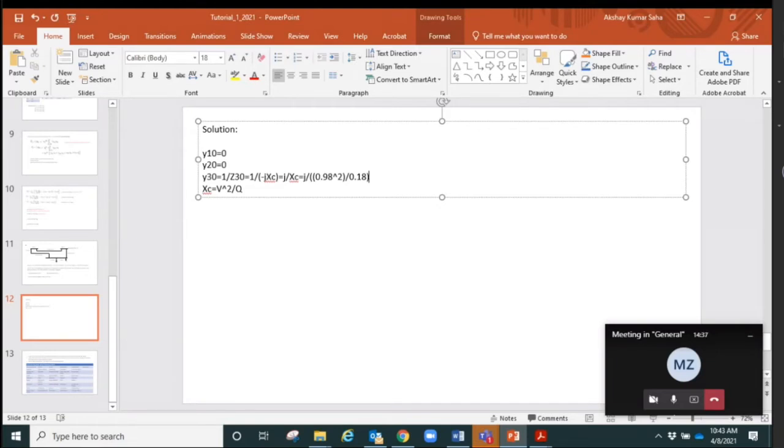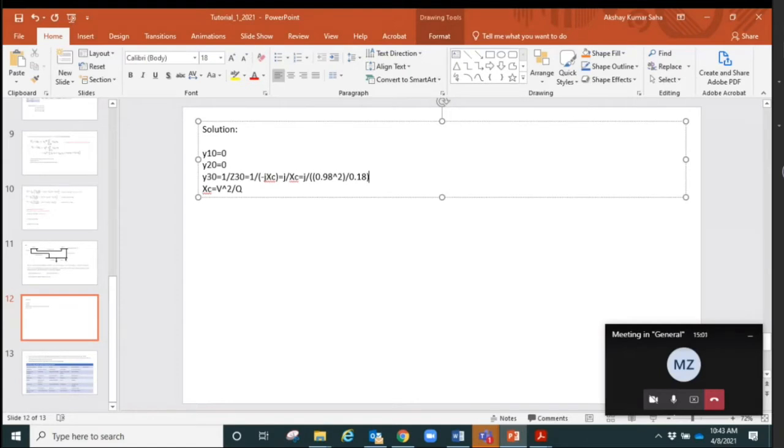So we wrote the expressions for small y10, small y20, small y30. Looking at the system diagram, what we find is that there is nothing connected to bus 1 and bus 2. So y10 and y20 are zeros.